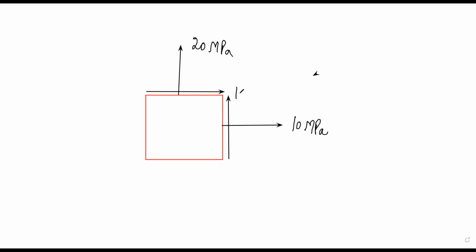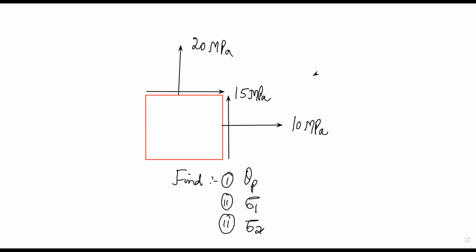This is 15 MPa tau xy. The question is, find theta p, part 1. Part 2, sigma 1. Part 2, sigma 2. Part 3, tau xy at theta equal theta p. Solve these questions.